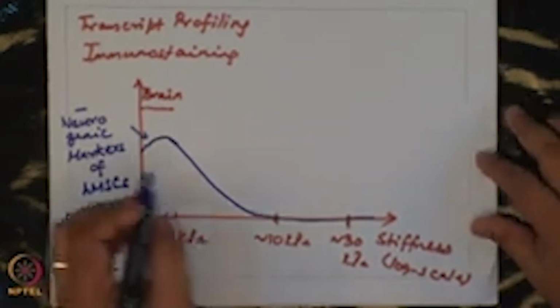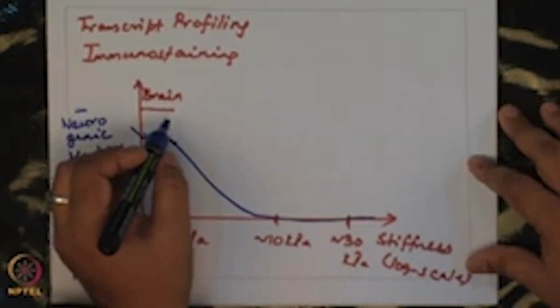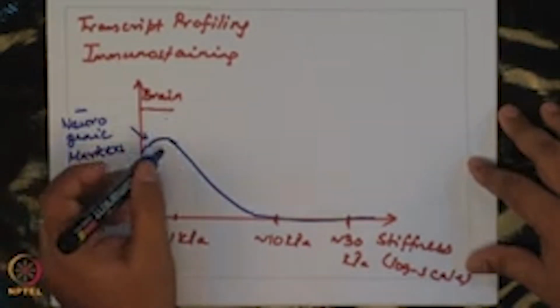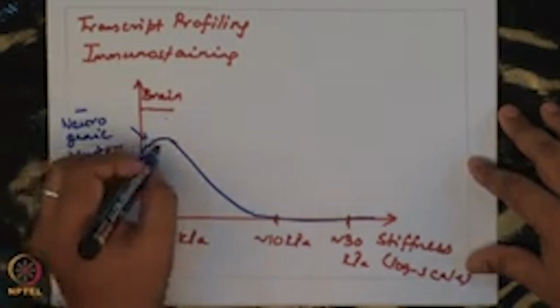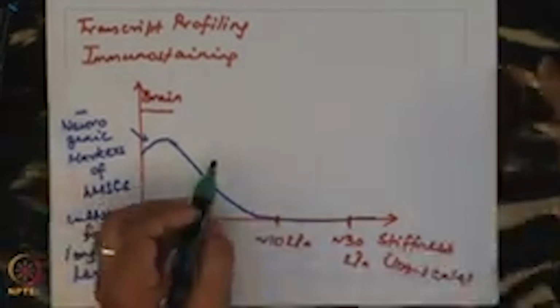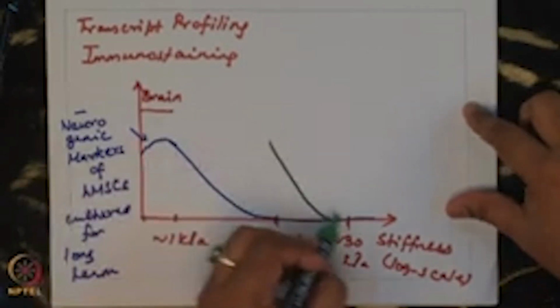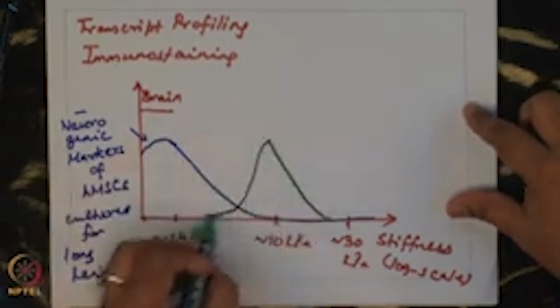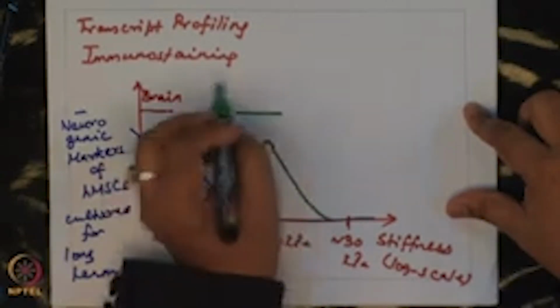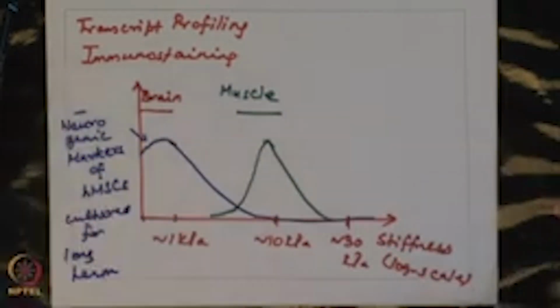So, what you find was on substrates which mimic the brain tissue, the HMSCs tend to overexpress neurogenic markers. On substrates which mimic the muscle tissue stiffness, you have a corresponding peak. Okay. So, this is your muscle, and the third one is your bone.